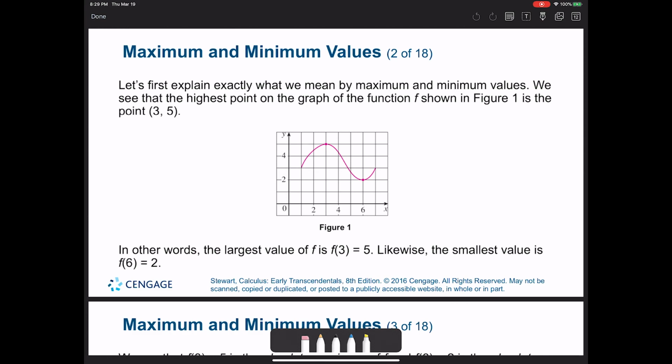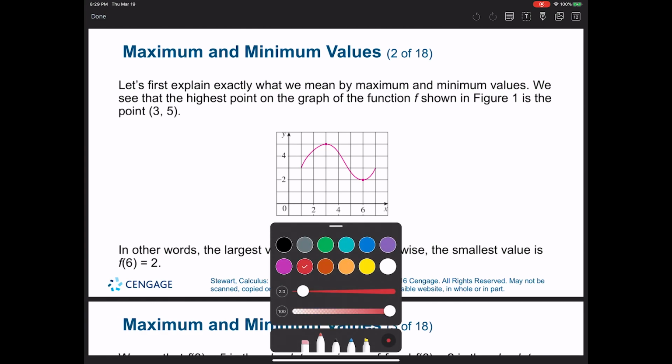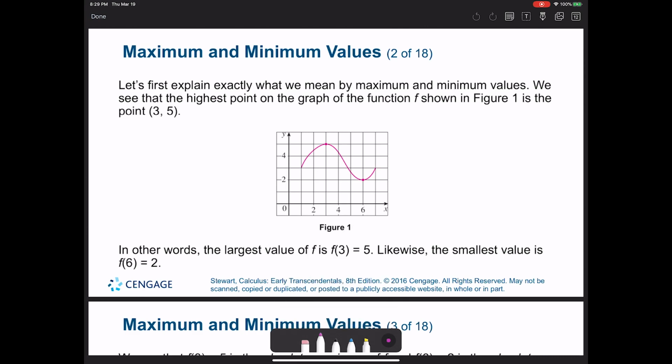So on this slide, we're talking about exactly what we mean by a max and a min, the highest point and the lowest point on a graph. That doesn't seem super challenging conceptually. Over here, we're looking at the maximum. Here is the minimum. The slide says, in other words, the largest value of f is f of 3, and remember that's a y value.